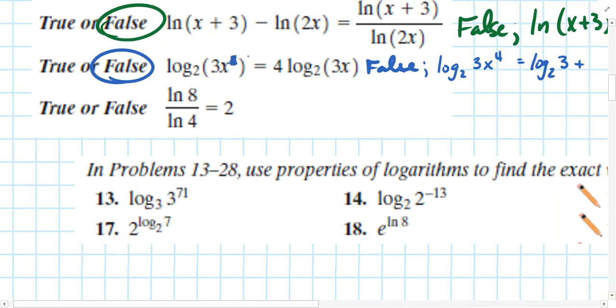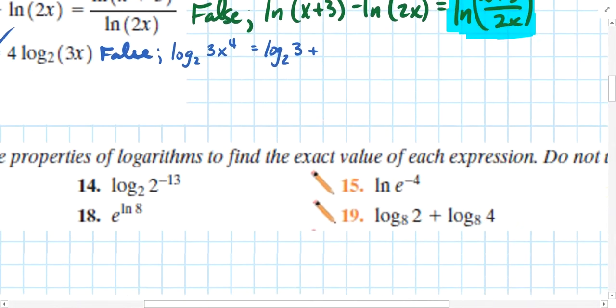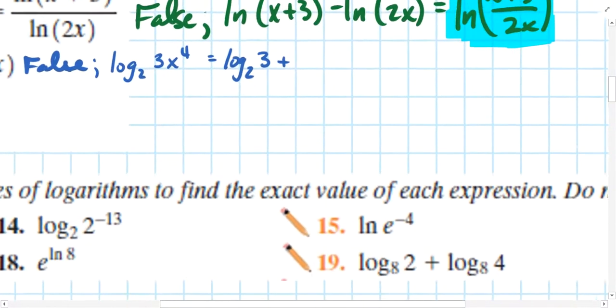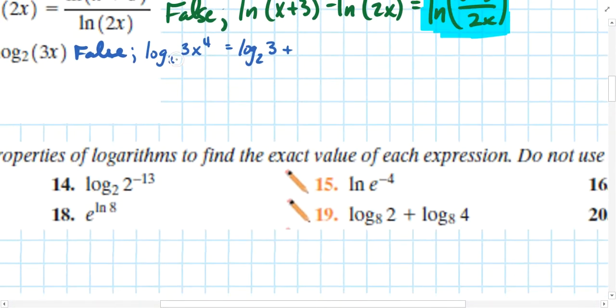So had this exponent been here on the outside of the grouping symbol, then we would have been okay. This 4 could then be brought down. We'd have 4 times log base 2 of 3x. However, what really should have happened here in terms of expanding is that we should have separated at this multiplication sign first.